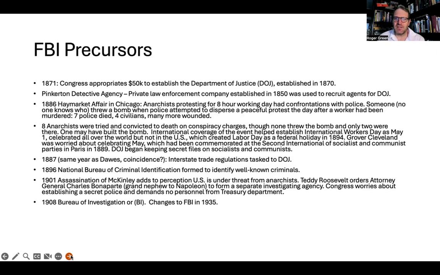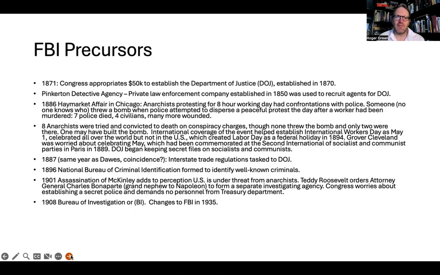In 1886, there is in US history this thing called the Haymarket Affair in Chicago, where a bunch of anarchists were protesting for 8-hour working days. That's what they wanted, a labor protest. They had confrontations with the police. Someone, no one knows exactly who, threw a bomb when police attempted to disperse a peaceful protest the day after a worker had been murdered.